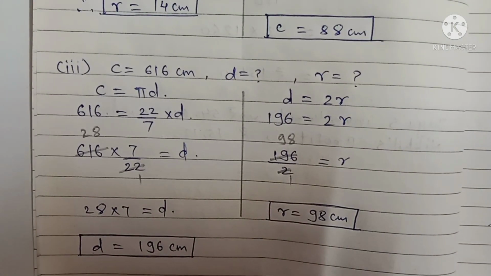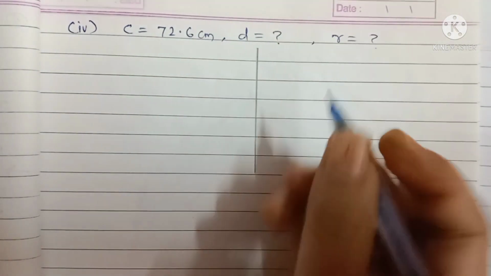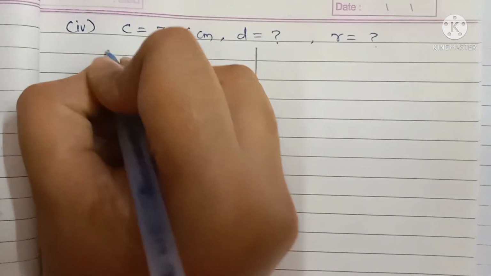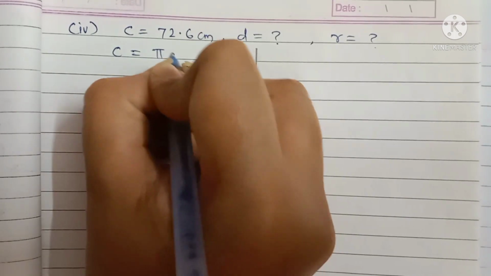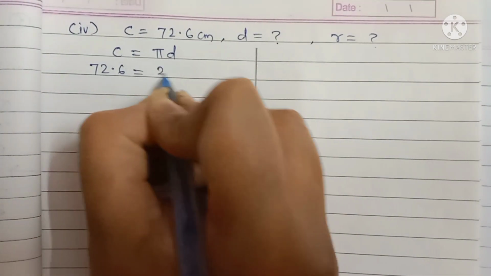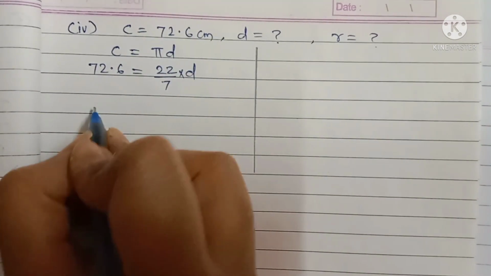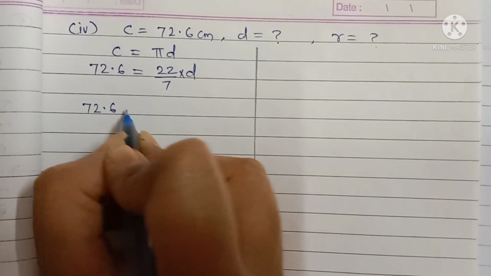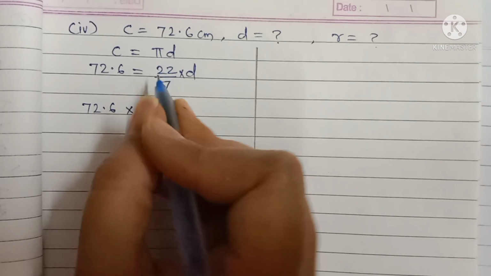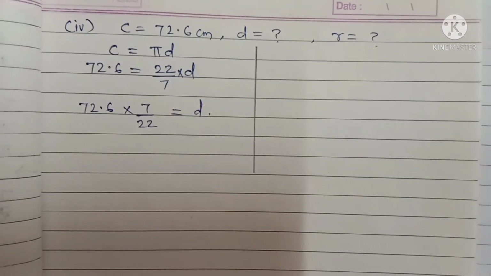Now next, fourth question. C is equal to 72.6 centimeter and you can find the value of D and r, means diameter and radius. C is equal to pi d. Value of C is 72.6, is equal to the value of pi, 22 upon 7, into d. Now 72.6 multiplied by the multiplicative inverse 7 upon 22 is equal to d.